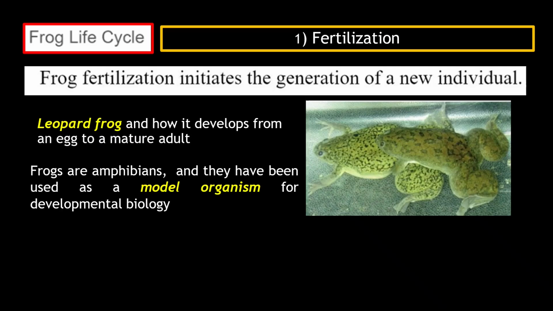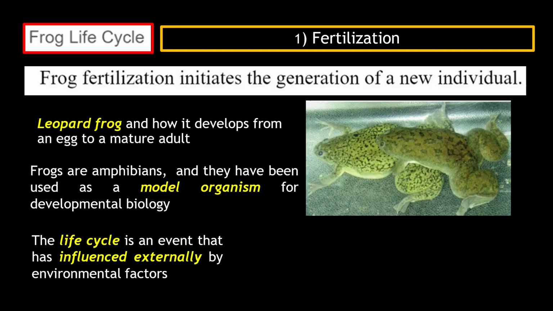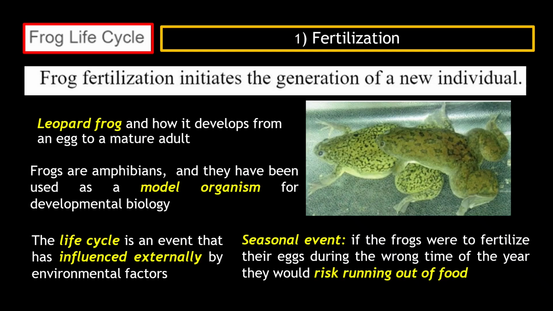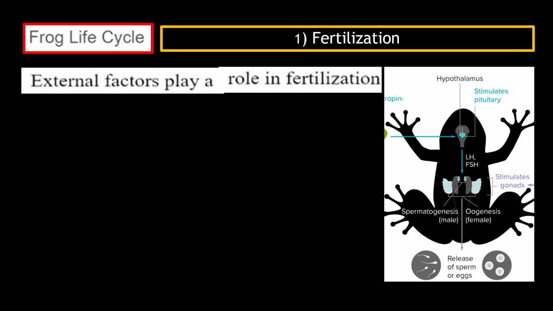So we think that genes are important to create all this process of reproduction, but the external environment also has an influence. Remember, the life cycle is influenced by external factors, and they need to be seasonal events, so they reproduce at the exact time and don't run out of food. And in the lab, those factors need to be taken into account so they produce eggs. Here is where I told you about the different hormones that need to be secreted.